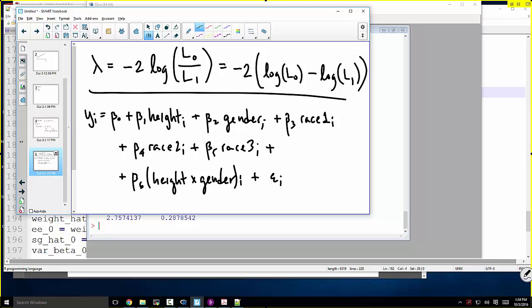So, is there a height effect? How do we ask that? What's complicated about asking that is that height is in the model twice. If height is irrelevant to this model, then I should be able to take both of those terms out. My unrestricted model is this one. My null model for testing whether there's no height effect would be the one that did not have that or that.